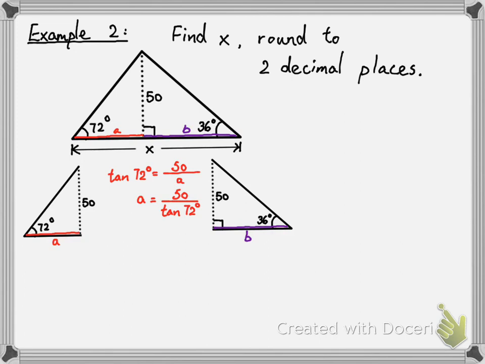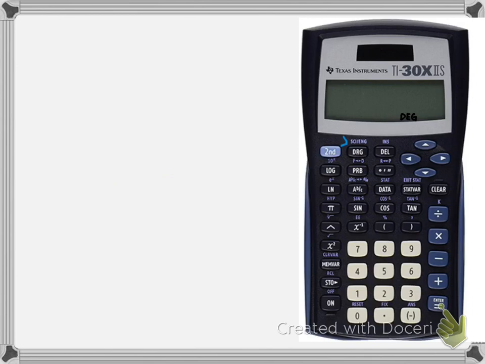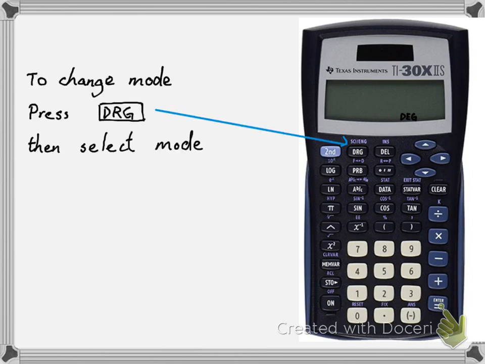Since the instruction asks us to round the answer to 2 decimal places, we need to use the calculator. Now, this is the demonstration on how to use the calculator. First, be sure the mode of your calculator is in degree. If not, then you need to change your mode. To change the mode of the calculator, you can press degree, then select the mode that you need for the problem.